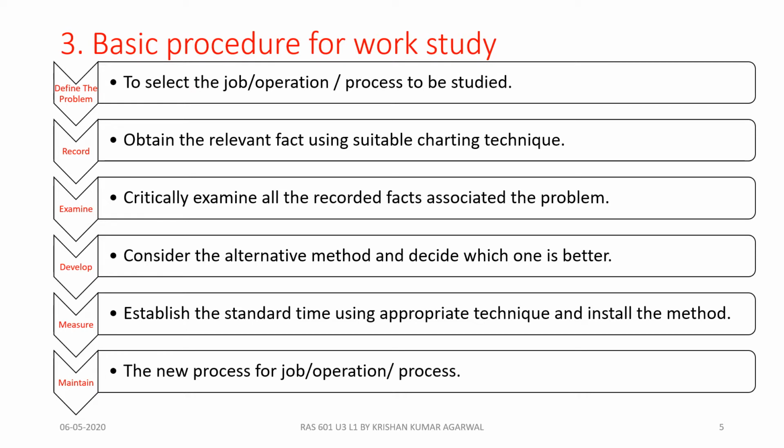Next, after defining the problem, one should use the proper techniques and tools in order to record the existing method. Unless the existing method and the existing time taken to complete the operation are studied, the relevant steps cannot be taken.